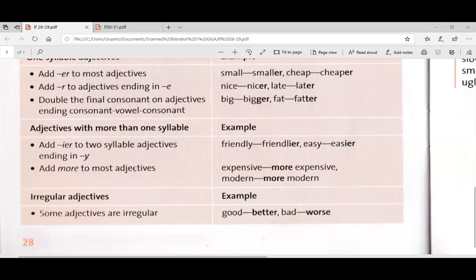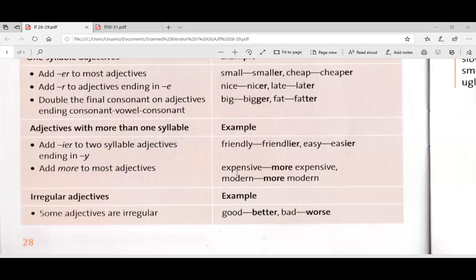Okay. So this is one syllable, tall; two syllables, easy, friendly, right? But there are other adjectives with two syllables. I will give you a list. For example, expensive, three syllables. Modern, two syllables.